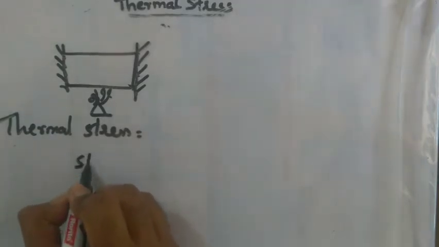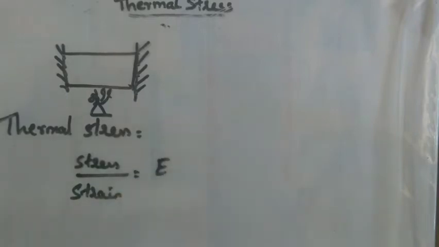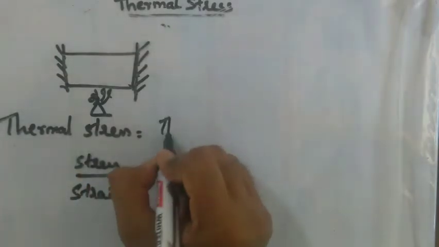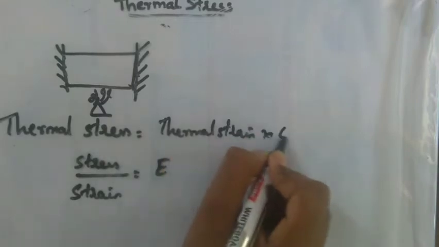How to find an expression for this? We know stress upon strain is equal to Young's modulus, which we covered in the previous session. So the thermal stress becomes thermal strain into Young's modulus.